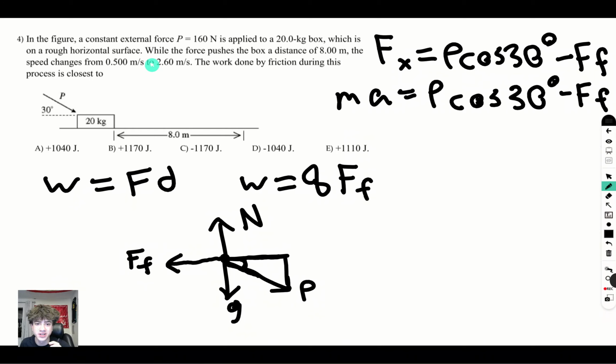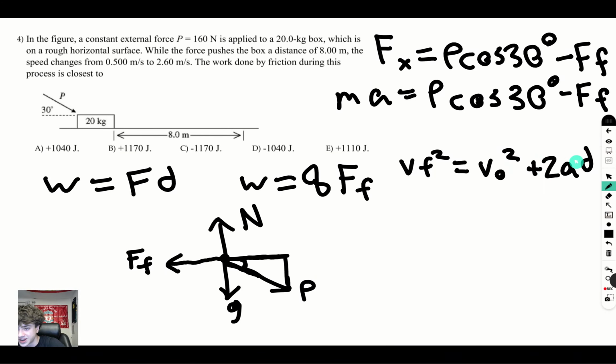However, we're not given a time, but luckily we are given a distance, and that is what makes this problem possible, because we can use our kinematic equation that uses distance, and that one's going to be v final squared is v initial squared plus 2 acceleration times distance. Now, we have all of our values here except for the acceleration, so we can solve for the acceleration of the block.